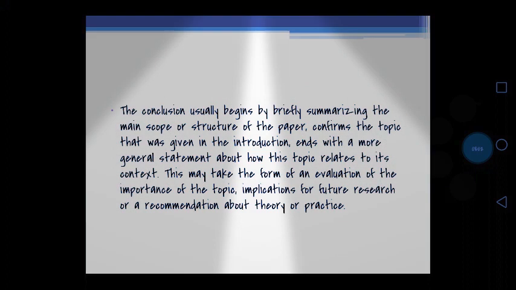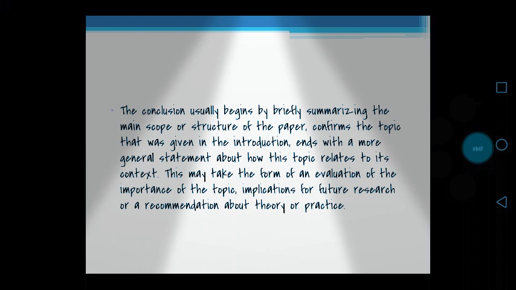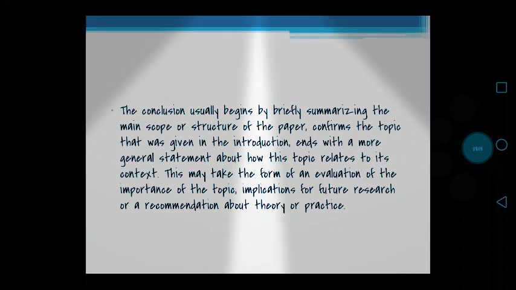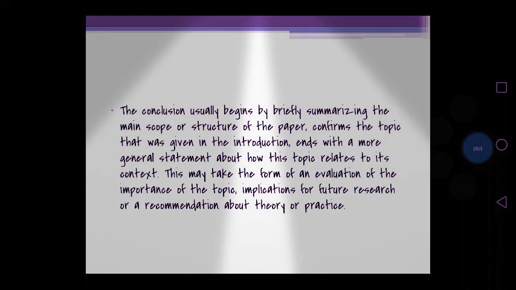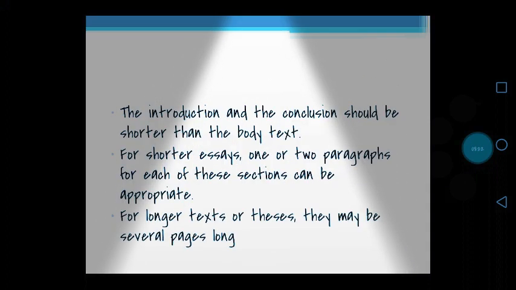It ends with a more general statement about how this topic relates to its context. This may take the form of an evaluation of the importance of the topic, implications for future research, or recommendations about theory or practice.